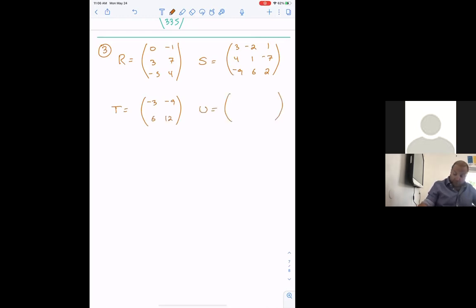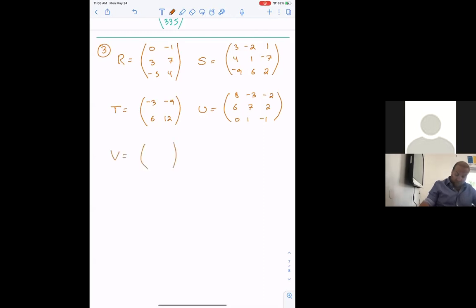U, another 3 by 3 matrix, 8, -3, -2, 6, 7, -2. Let me fix that negative sign. And 0, 1, -1. V, another 2 by 2, which is -2, 0, -4, -8. W, which is a 2 by 3, 1, -2, 3, 3, 2, -1. And X, another 2 by 2, 7, -2, -6, 4.